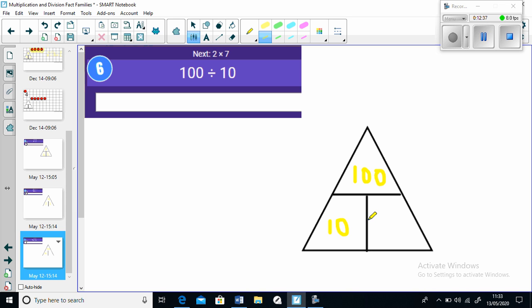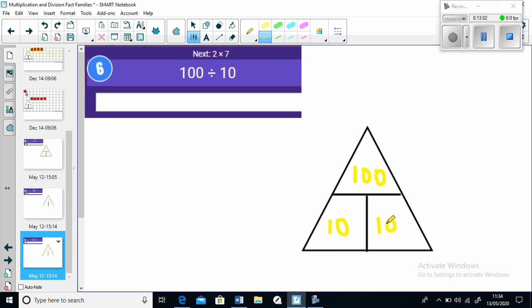I'm going to use my multiplication knowledge. 10 lots of 2 equals 100? Absolutely not. 10 lots of 5 equals 100? Absolutely not. 10 lots of 10, yes, 10 times 10, 10, 20, 30, 40, 50, 60, 70, 80, 90, 100. Yes, 10 lots of 10 does equal 100. So again, I've used my knowledge of multiplication to work out this division problem.